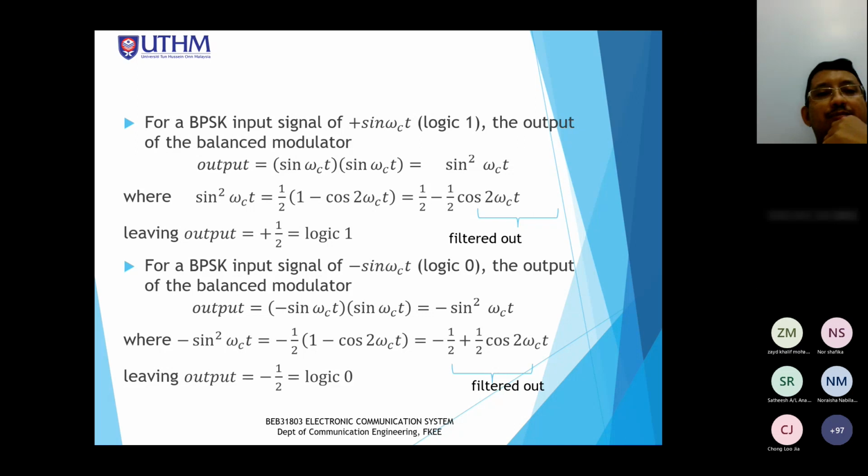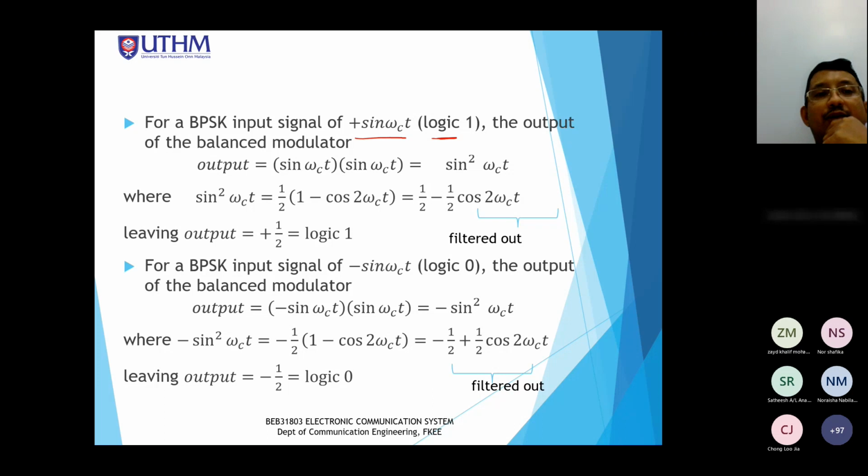So what is the output of the balance modulator? Imagine we receive a positive sine omega ct. We know that the transmitter actually transmitted logic 1.